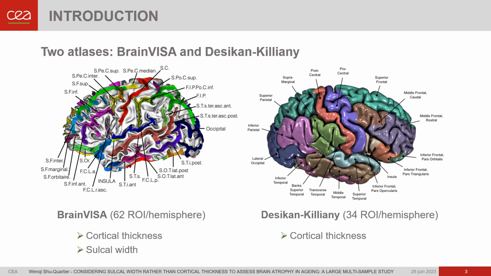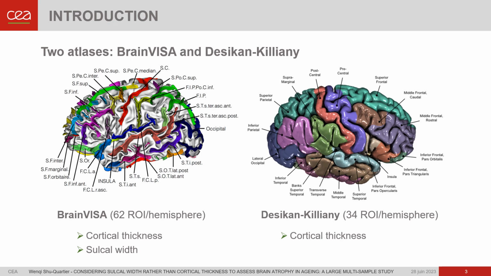In order to examine these two features, we use two atlases. The BrainVisa atlas, which enables the computation of both cortical thickness and sulcal opening across 62 regions of interest per hemisphere, and the Desikan atlas, which provides exclusively cortical thickness measurements across 34 regions of interest per hemisphere.